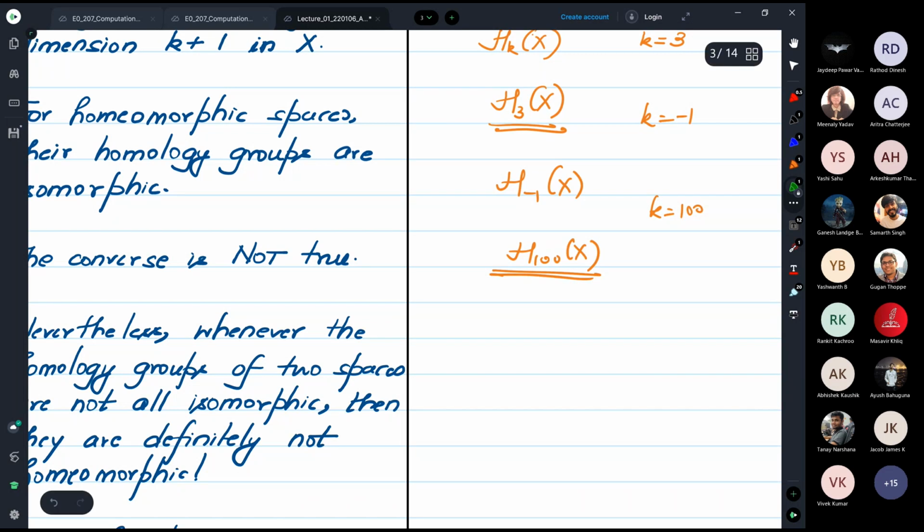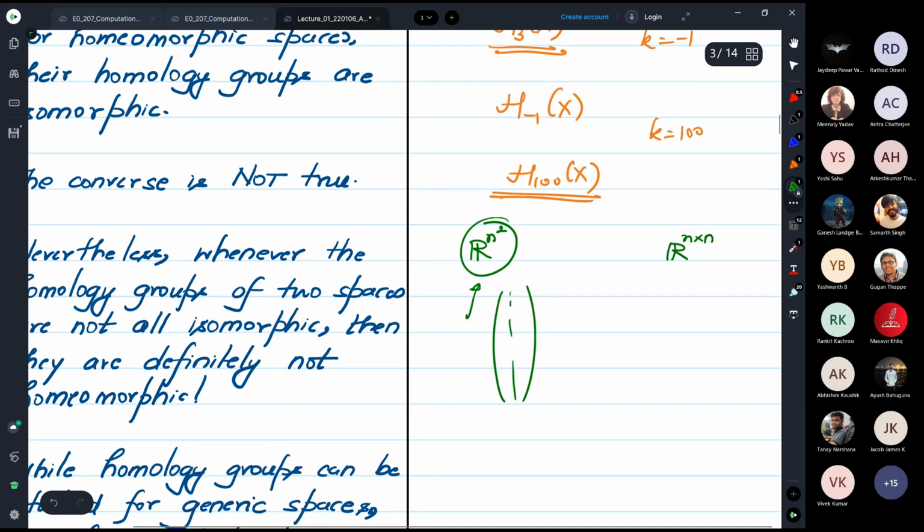To give you an example, let's say you look at the vector space of n cross n matrices, and the vector space R^(n^2). This vector space includes all vectors of size n^2, and the other is a vector space whose elements are n cross n matrices.